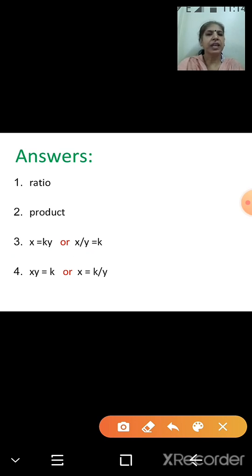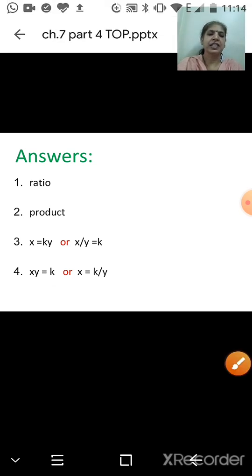Fourth, equation form of inverse variation is xy is equal to k or x is equal to k upon y. So these are the answers: ratio, product, x is equal to ky or xy is equal to k. So check the answers. Good.